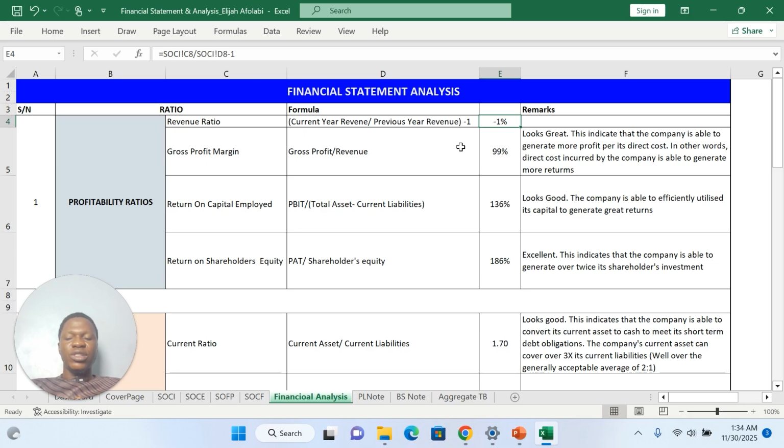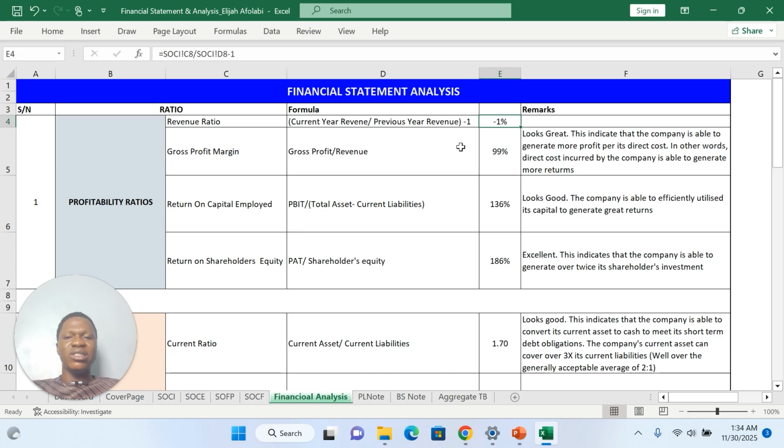What this is just measuring is how much return you are able to make from the capital you have employed in the business, in very simple terms. And from what we saw here, the return on capital employed is 136%, which means that the company is able to generate more return as per the capital they have employed.